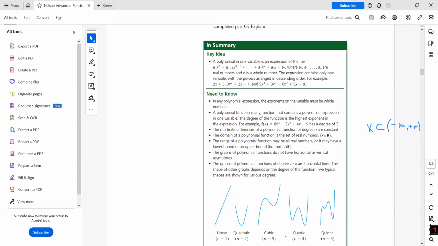If it's an even degree function, we have a lower bound as here or here, but we also can have an upper bound for an even degree function.